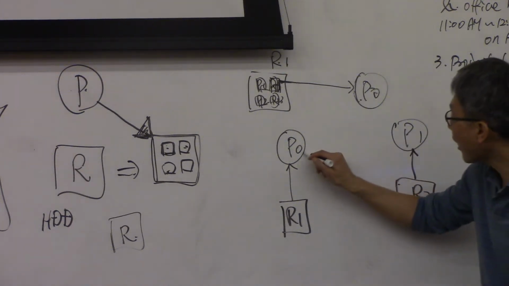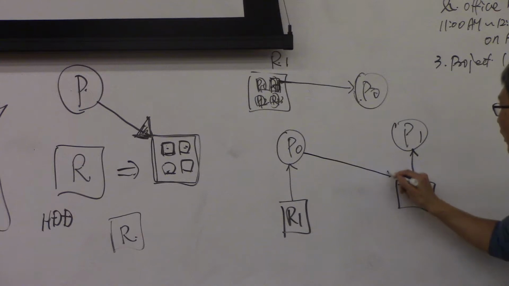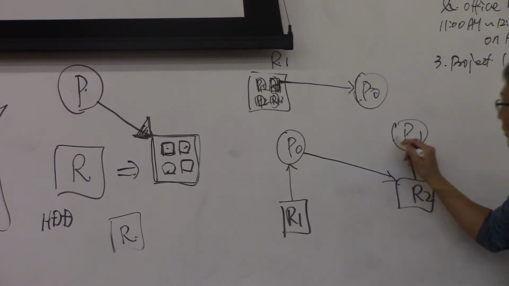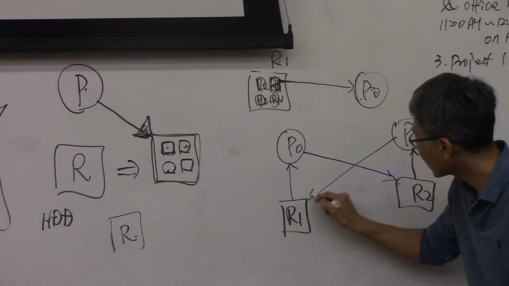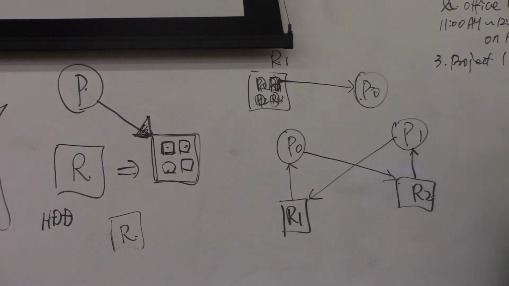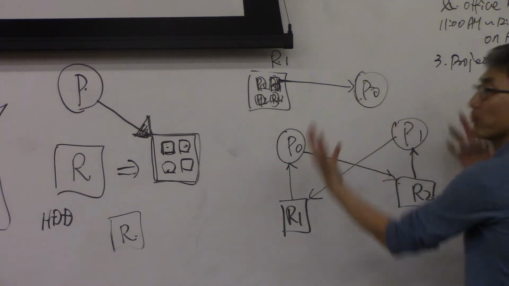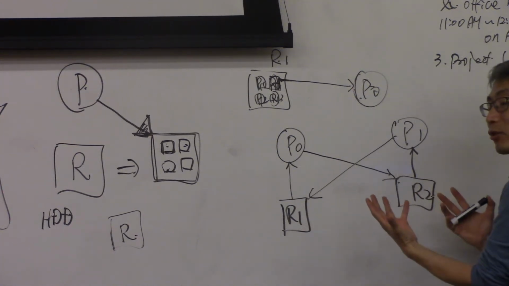Then P0 requests R2, and P1 requests R1 held by P0. Then this is the diagram, the process and resource diagram.